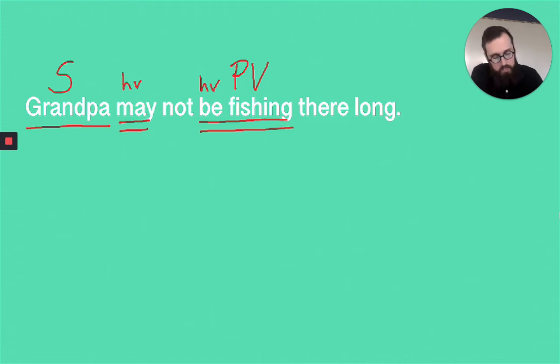Now I go through and I start at the end of my sentence, and then I work my way back to put all the modifiers. Long tells me about fishing. And there tells me where Grandpa is fishing.